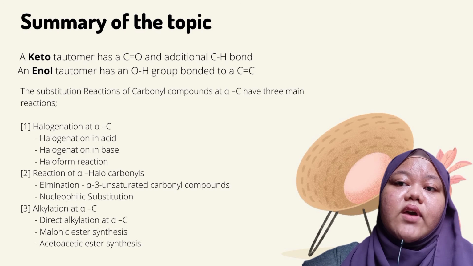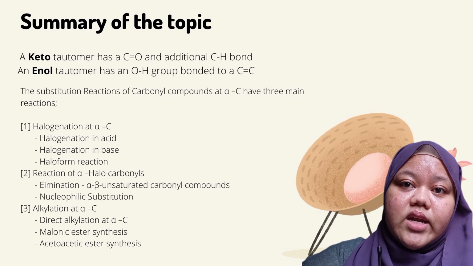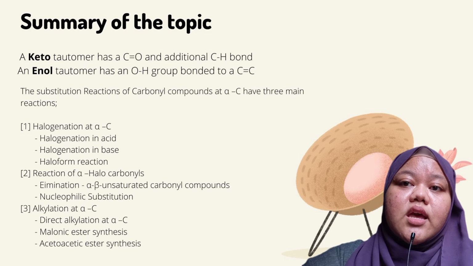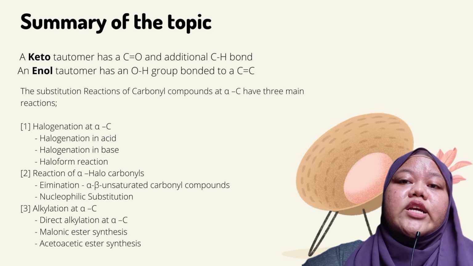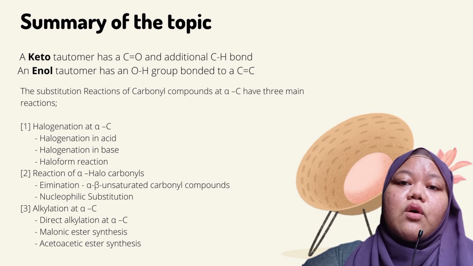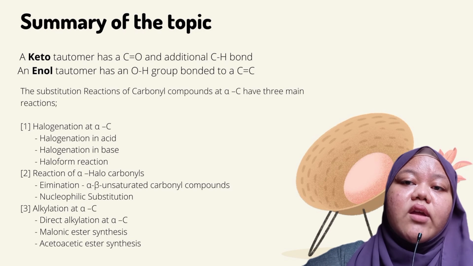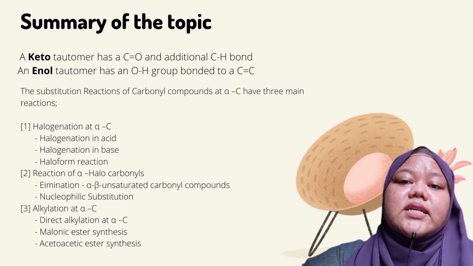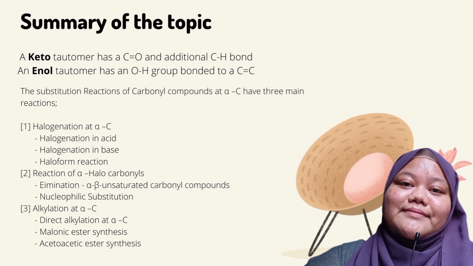Each has several reactions. Halogenation at the alpha carbon includes halogenation in acid, halogenation in base, and the haloform reaction. Reactions of alpha halocarbonyls include elimination to alpha,beta-unsaturated carbonyl compounds and nucleophilic substitution, while alkylation at the alpha carbon has three reactions: direct alkylation at the alpha carbon, malonic ester synthesis, and acetic ester synthesis.